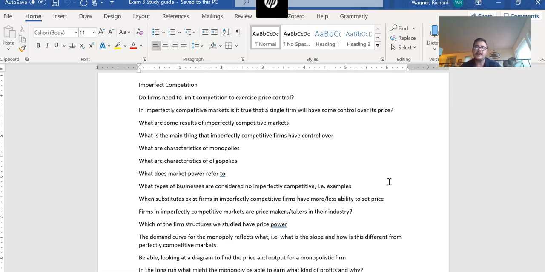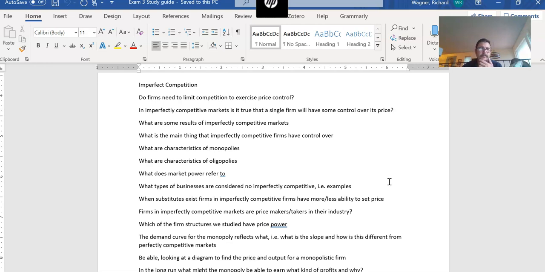Now, these will probably be examples that are very similar to that one that's in the chart. Okay, so I think we talked about a few of them, but that would probably be what you want to refer to there. Just know that if they're selling a product that is very, very much standardized, then that's more of a perfect competition business rather than if they had something that had some brand or some marketing associated with it.